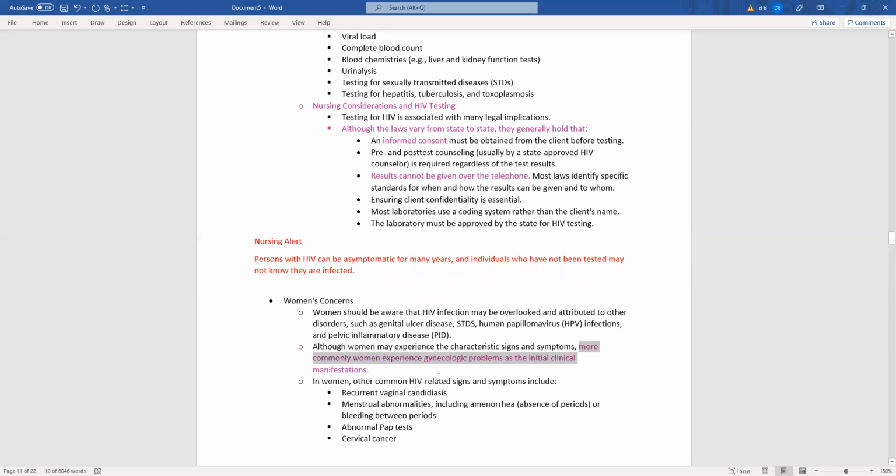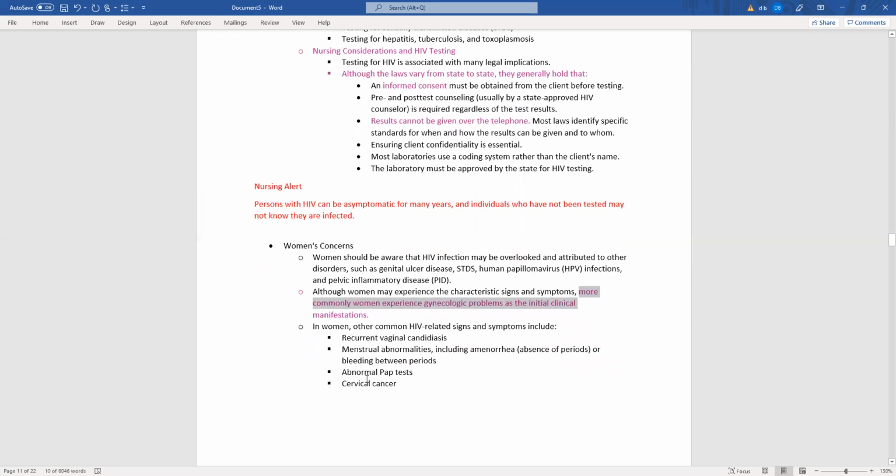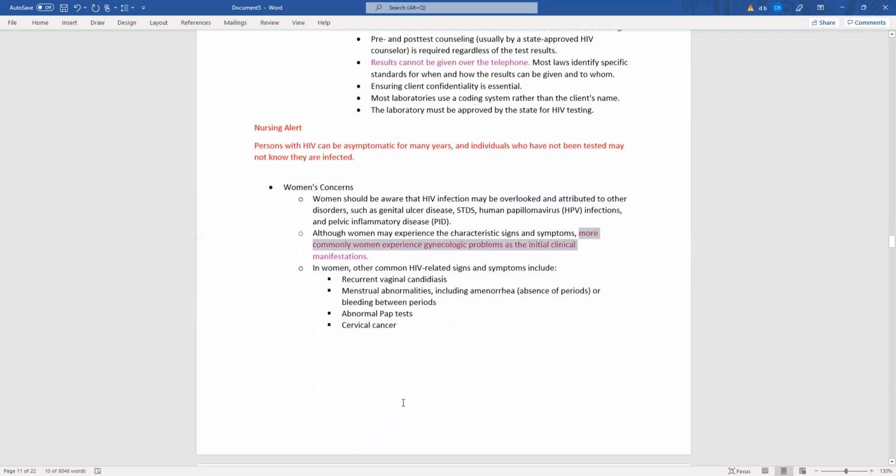In women, other common HIV-related signs and symptoms include recurrent vaginal candidiasis, menstrual abnormalities like amenorrhea, an absence of periods, or bleeding between periods, abnormal pap test, and cervical cancer.